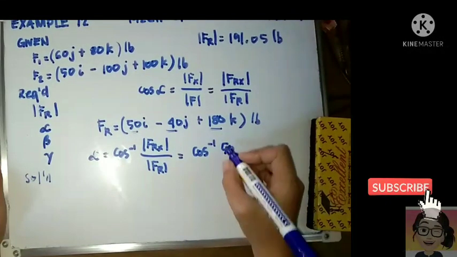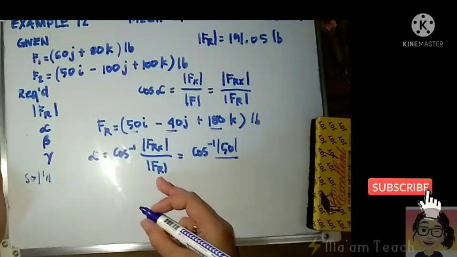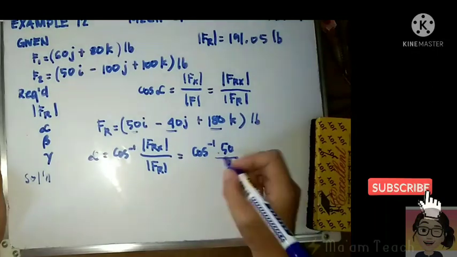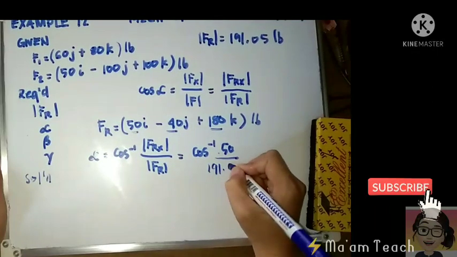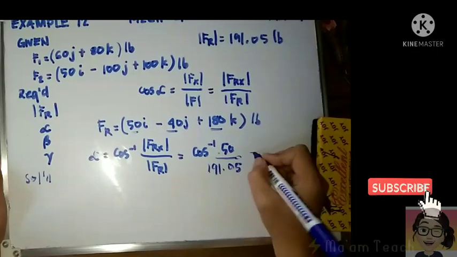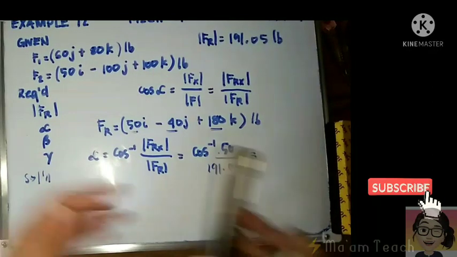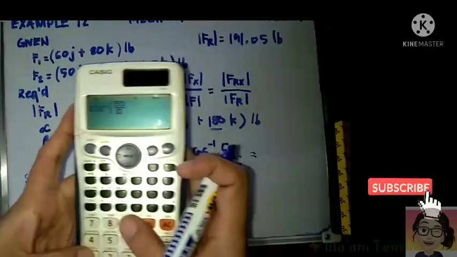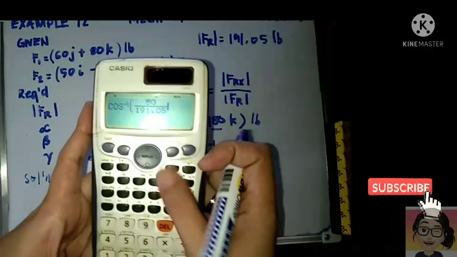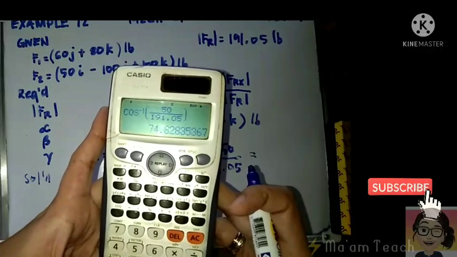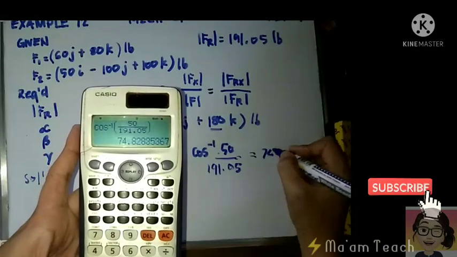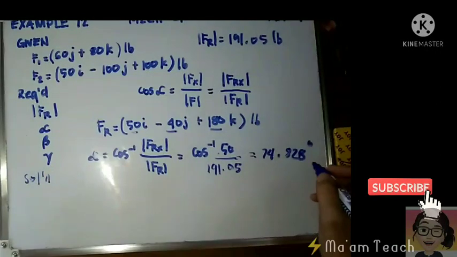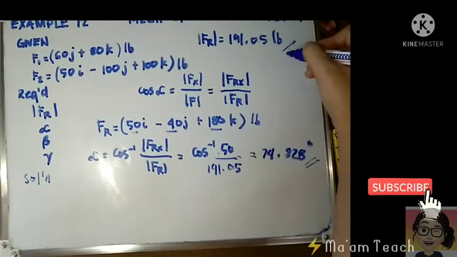So arc cosine of 50 over 191.05, using your calculator, we have 74.828 degrees. This is already the answer.